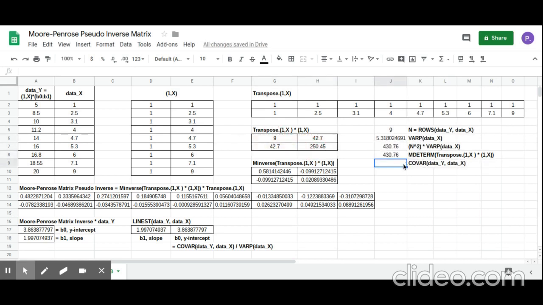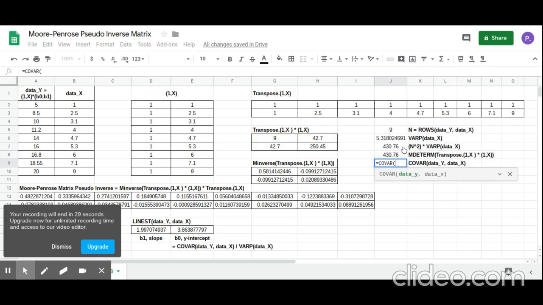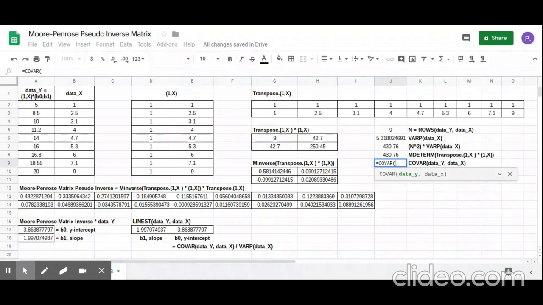The covariance of y and x is data y and data x. Enter.